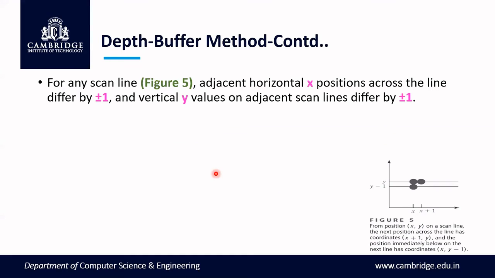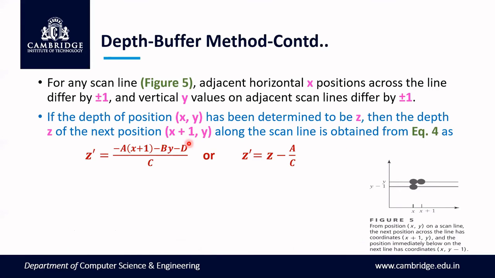If you want to calculate the next one, how do you go? We will use a scan line. I am at the first pixel position. If I want to go to the next one, my y will be the same because my current scan line is the same, and only x needs to be incremented to x plus 1. When I increment x to x plus 1, how can I replace my value?